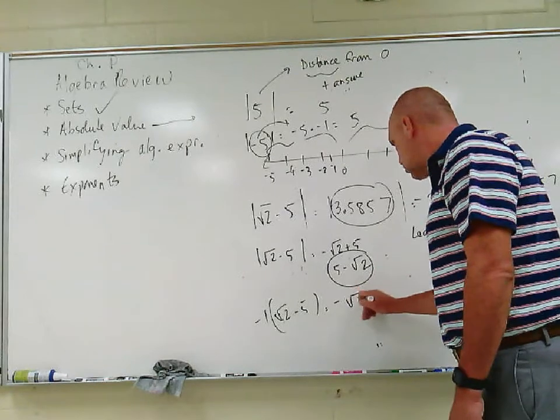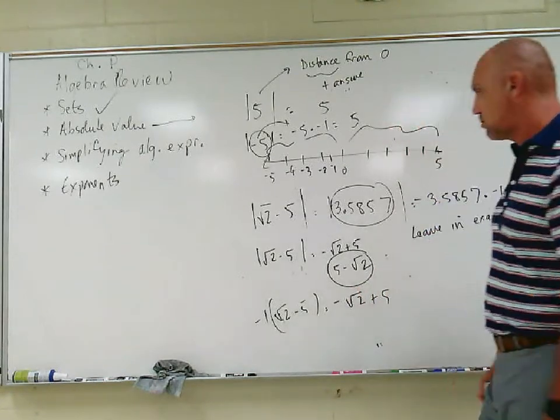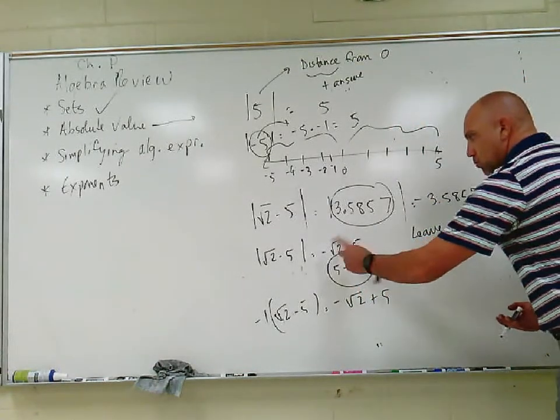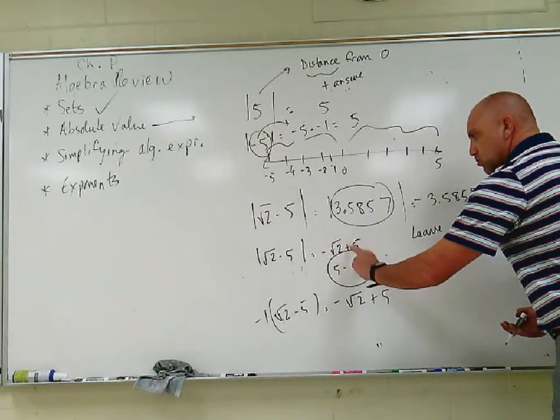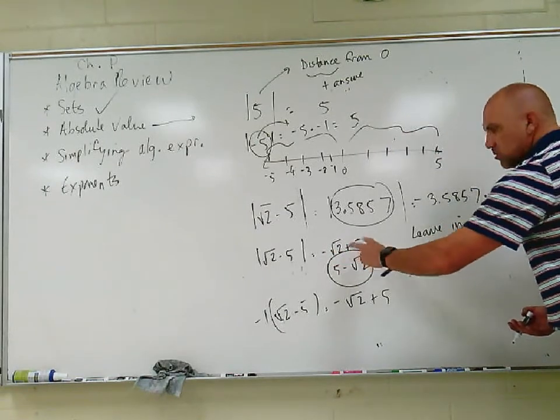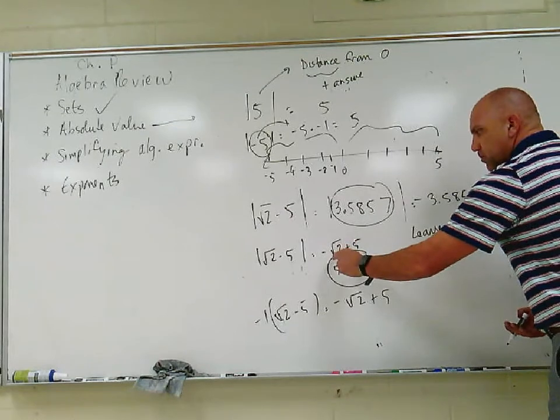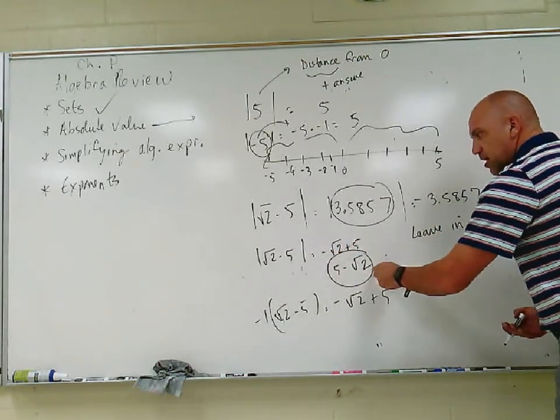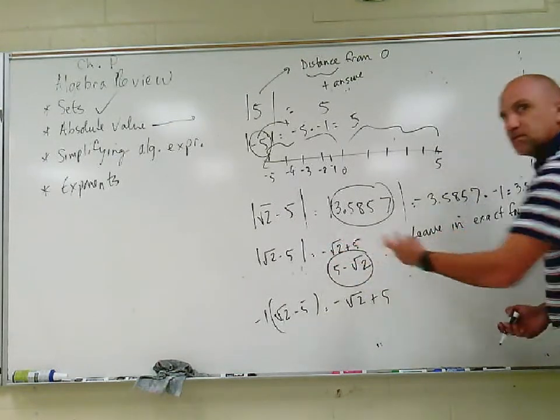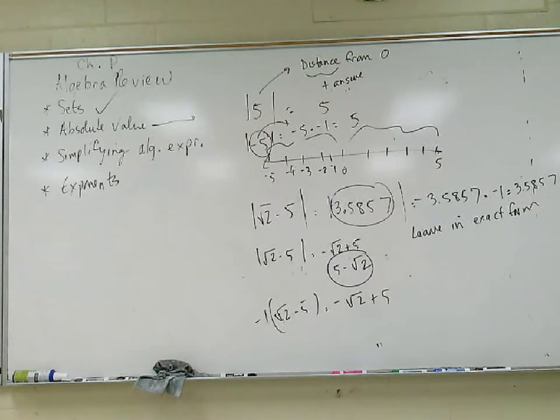I get negative square root of 2 plus 5. So all I did was just switch the spot of these. What's that called in addition? If you say this and this are the same, when I change the place of them, what is that called? What property? Commutative property. 5 plus 3 is 3 plus 5.